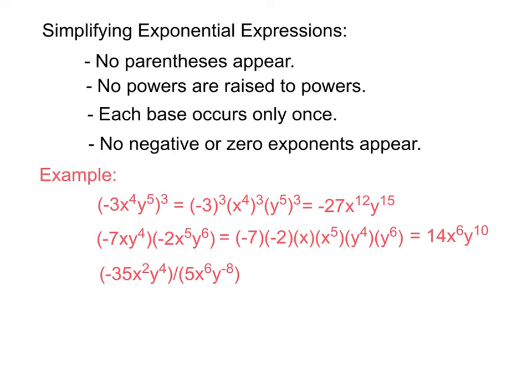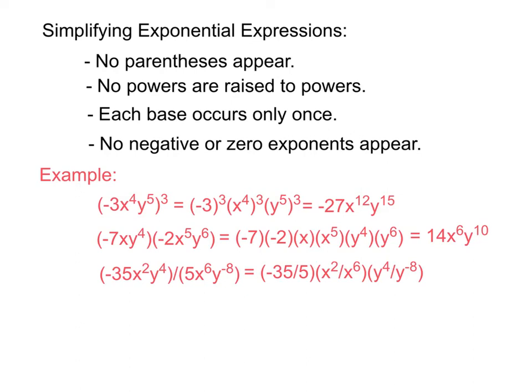For our next example, we'll have the quantity minus 35x squared y to the fourth divided by the quantity 5x to the sixth, y to the minus 8. So again, if we group like factors, or factors with the same base, we're going to have minus 35 over 5.